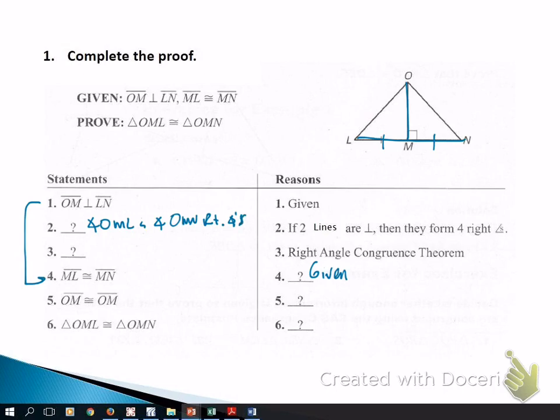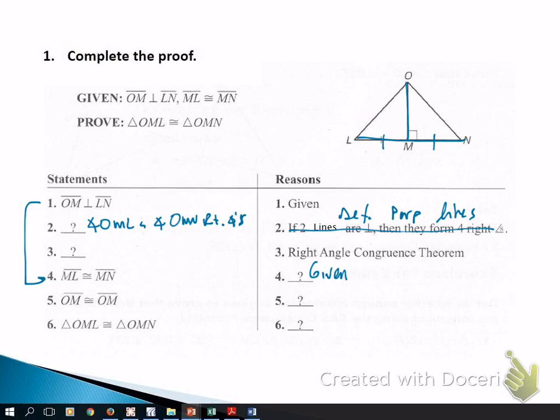Okay? And that's by the definition of perpendicular lines. You don't have to write the definition out. Definition of perpendicular lines.